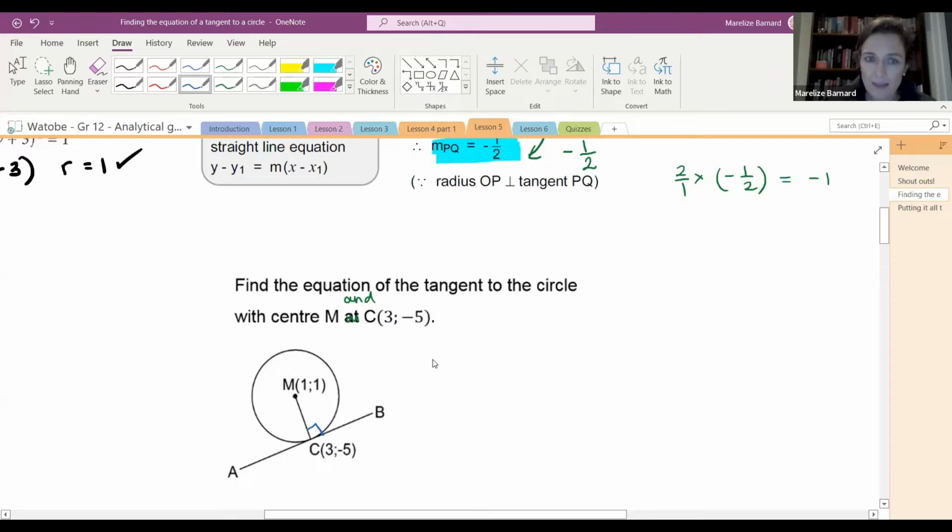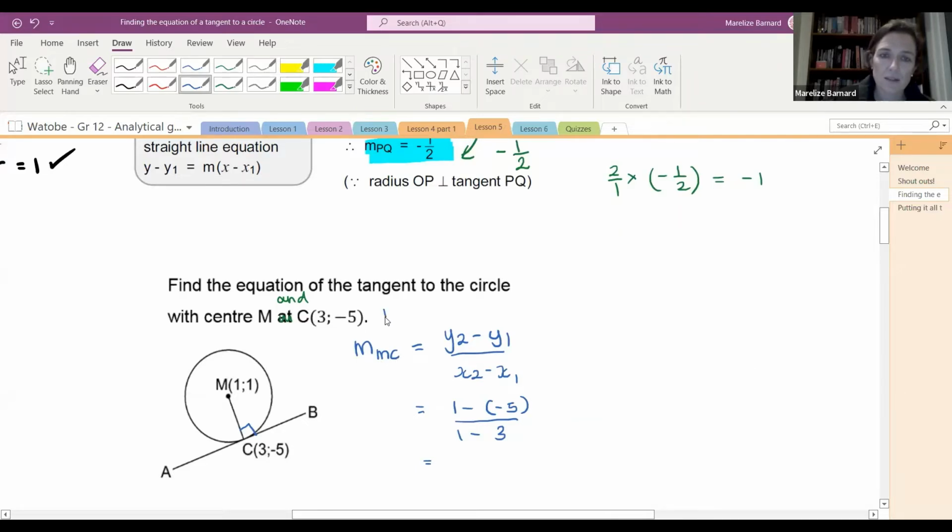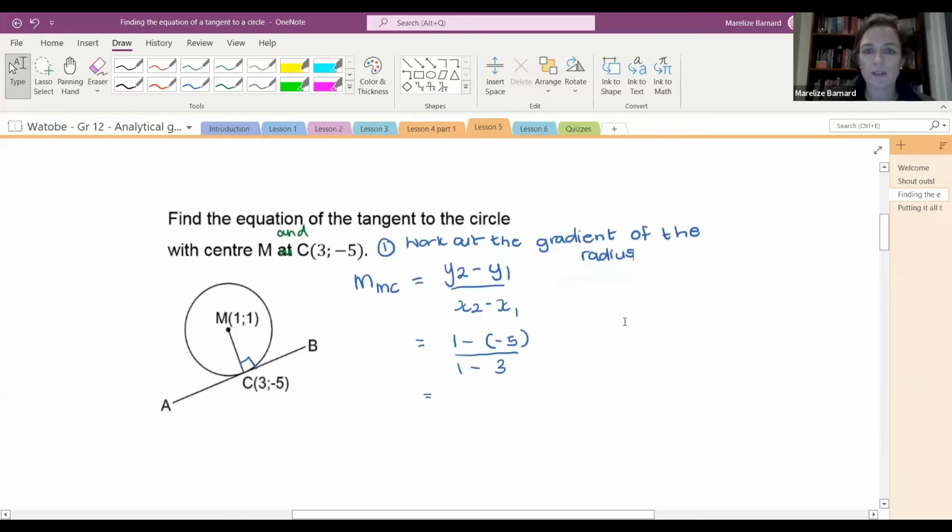We can calculate the gradient of MC. That we just do with change in Y over change in X. The first step is to work out the gradient of the radius, because MC will be the radius.